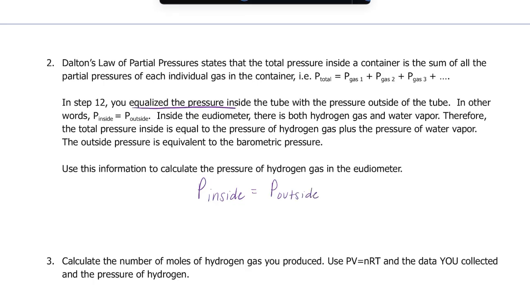And so inside the eudiometer, it says that we have both hydrogen gas and water vapor. So that means the P inside is the pressure of hydrogen plus the pressure of water vapor. And that's going to be equal to the total pressure outside, which is our barometric pressure, which should be in your data table.